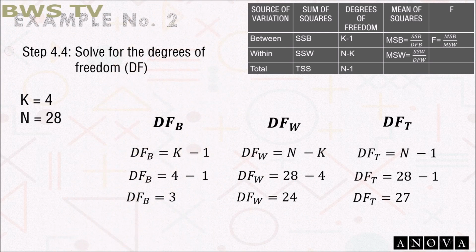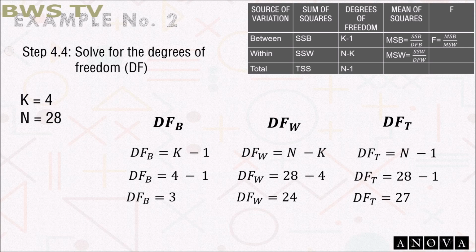So next, we have to solve for the degrees of freedom. We have DFB, DFW, and DFT. DFB is equal to k minus 1. DFB is equal to 4 minus 1, which is 3. Next, we have DFW.